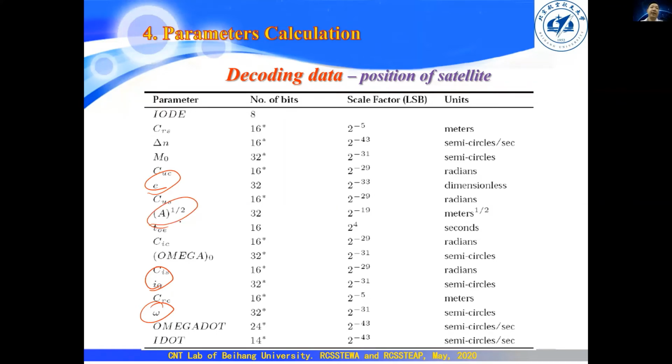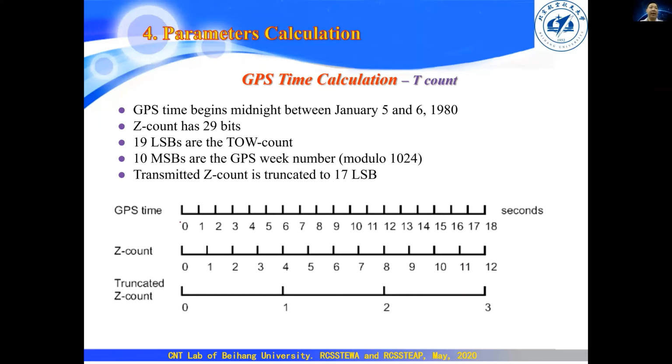After you get the data, you can also get the time information by the T count. For example, the GPS time will be announced to you by the T count.